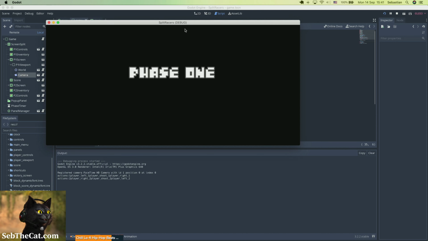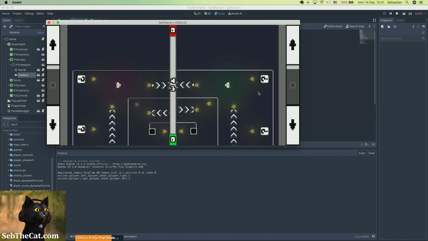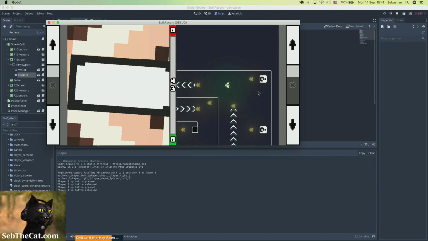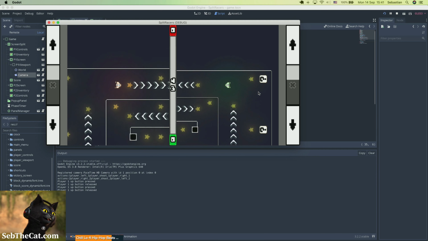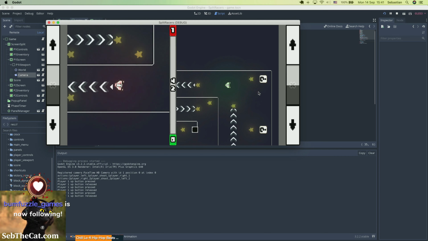Phase 1. Collect stars and weapons. Whoa. That's quite cool. Whoa. Alright, that zoom is way too much. We're actually zooming in negative.